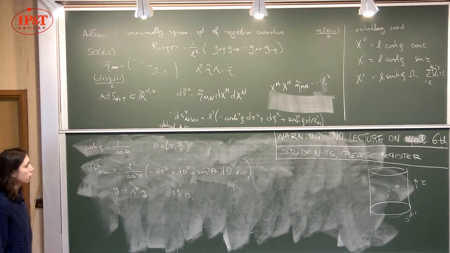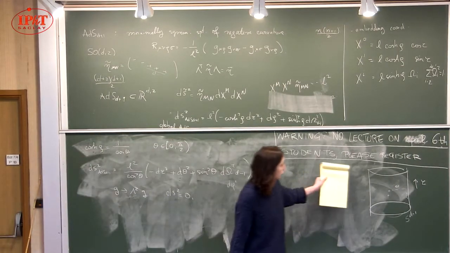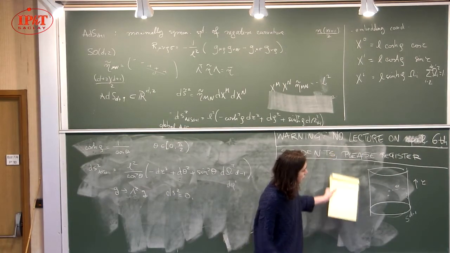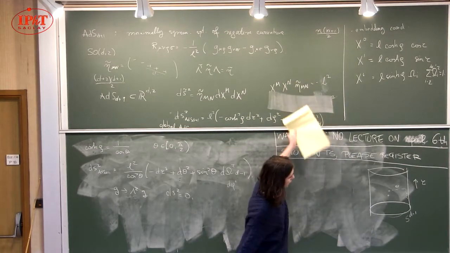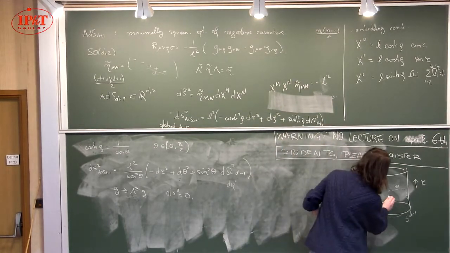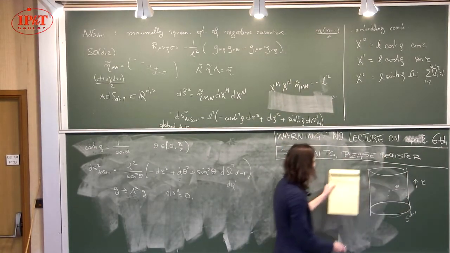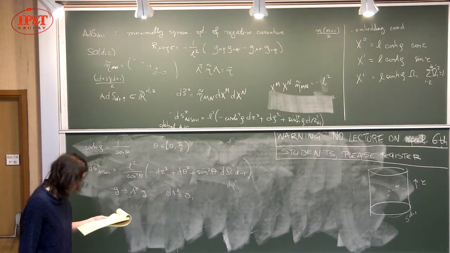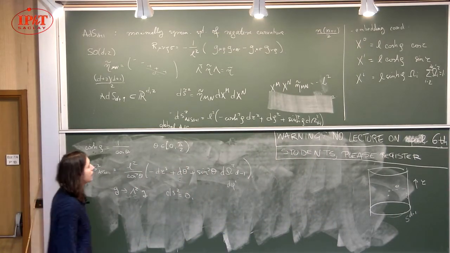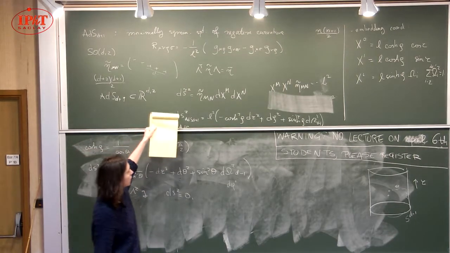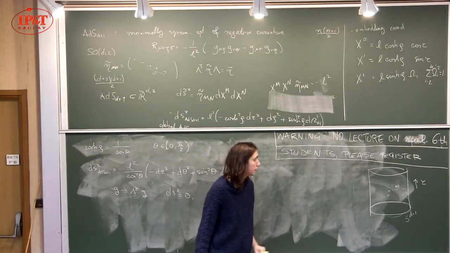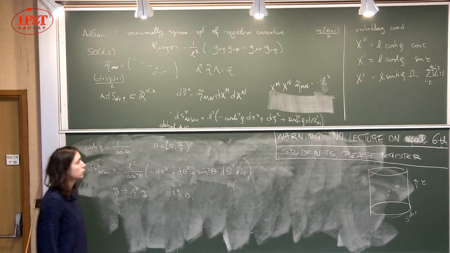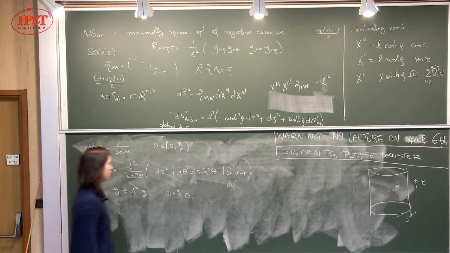Okay, so this is everyone's picture of anti-de Sitter spacetime. It looks like an infinitely extended cylinder in time. These are the global coordinates which cover the entire spacetime, but oftentimes people talk about Poincaré coordinates.